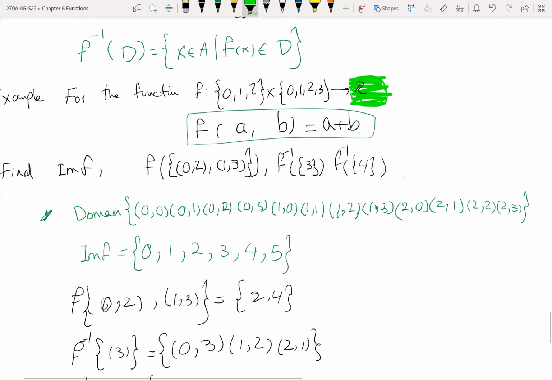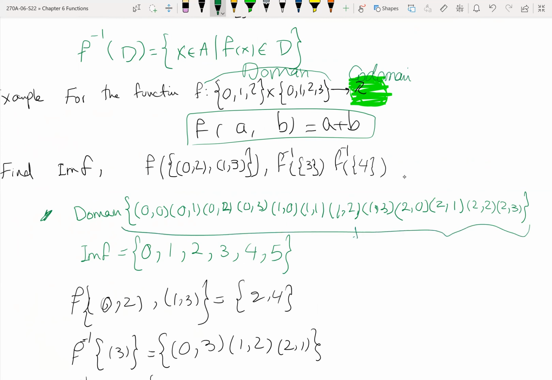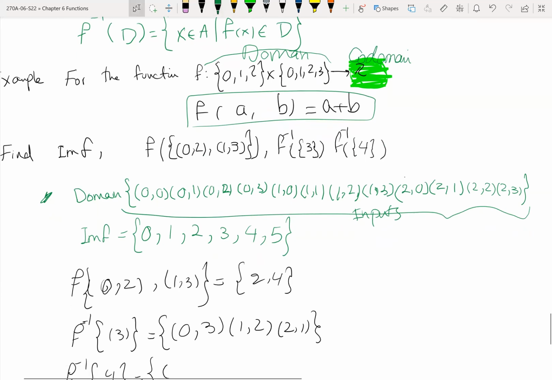That's a really good question. Thank you for asking. So the whole thing is your domain, and this is your codomain. So your inputs are this. There is no outcome assigned. So that notation on top means your outcome has to be 3 and 4.